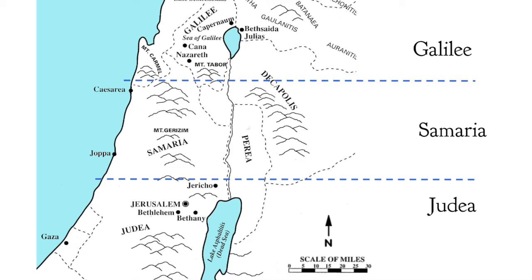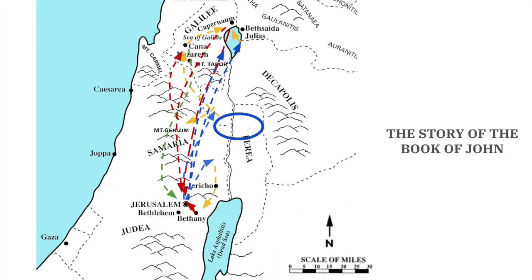And as you can see, he moves quite a bit in the book of John. These arrows represent all the different places he travels in the book. It's hard to know for sure, but because John is precise in telling us when Jesus is going to a certain place for a certain festival, we know it takes place over a time span of around 3 years or so.